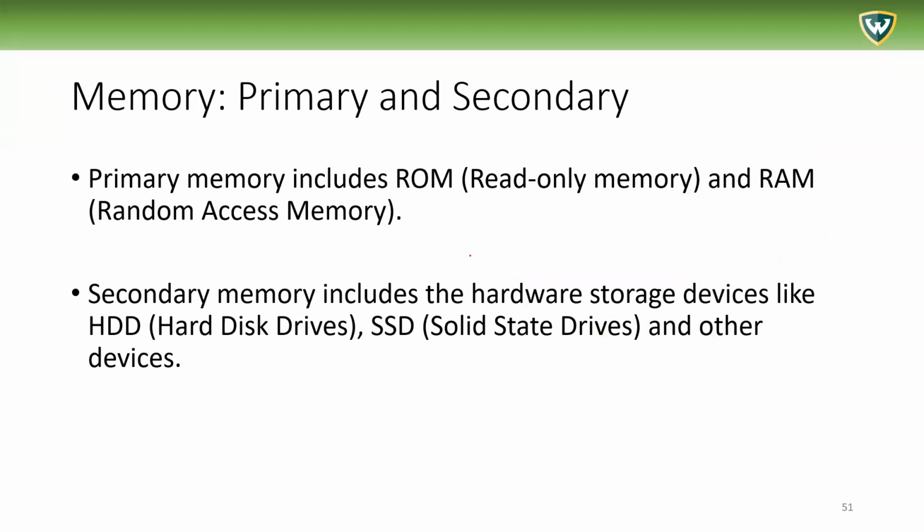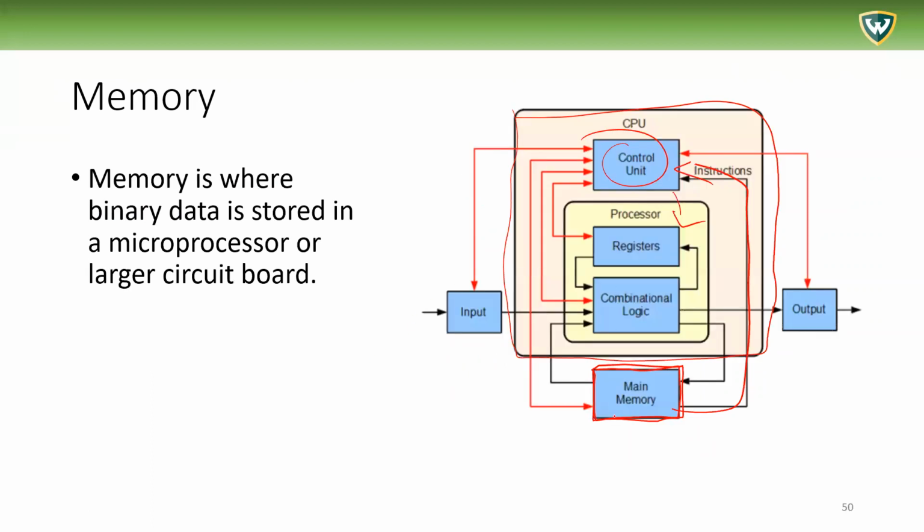So there are two types of memory. There's primary memory, which is the ROM, read-only memory, that's stored in your computer, and it can only be read and not modified, and random access memory, which is the memory that the microprocessor usually needs to do its computation.